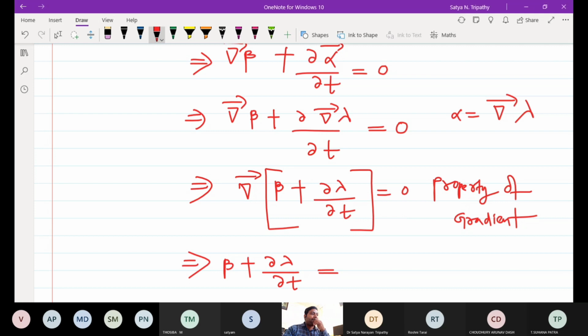So this is some grad of 0, so this is some scalar function. I'll write that as some k, yes, k of t, some scalar.